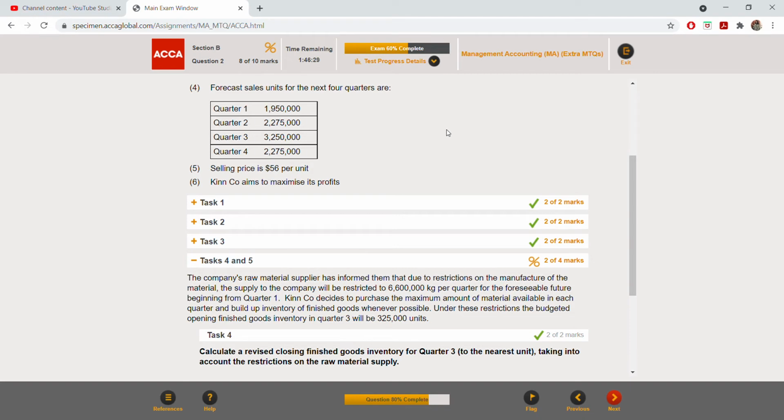Okay. So even taking into account the opening inventory, which is 325,000 units. Okay, this is the opening inventory. The company will only be able to sell how many? 2525 units for quarter 3 sales. So this means that the closing inventory will be 0.